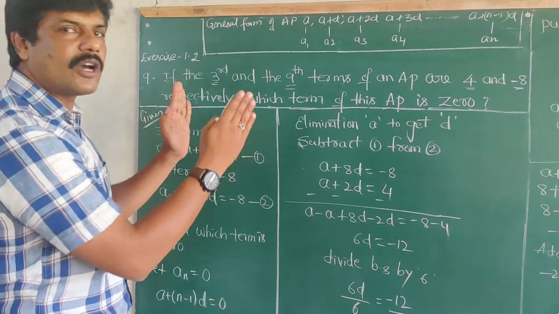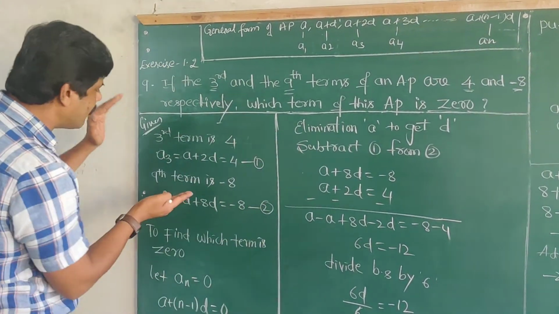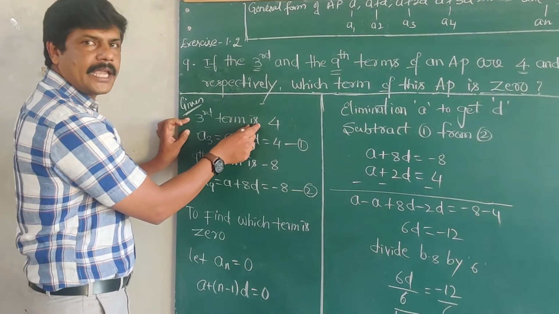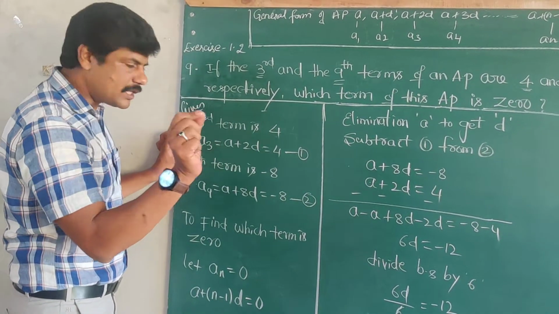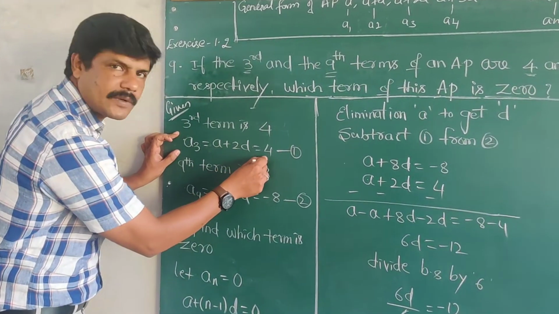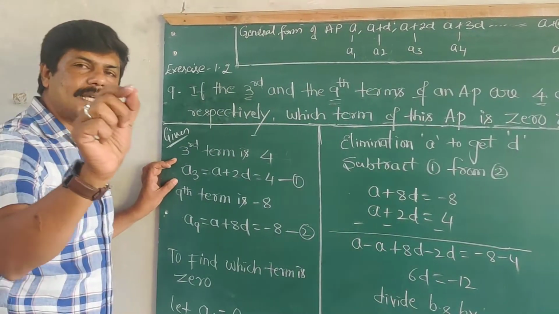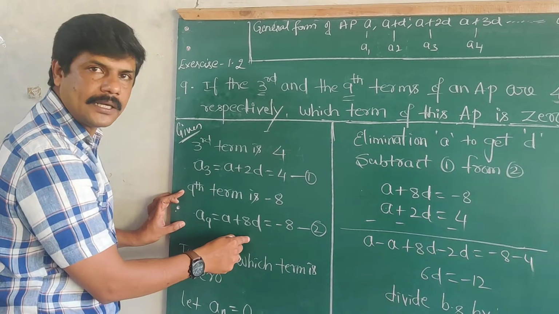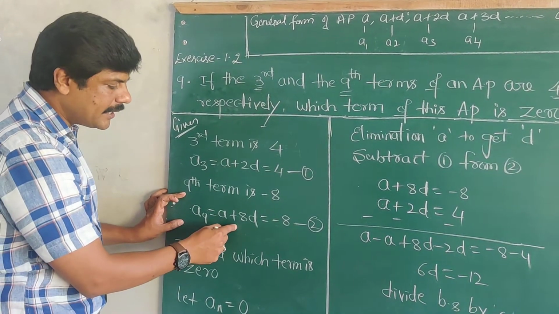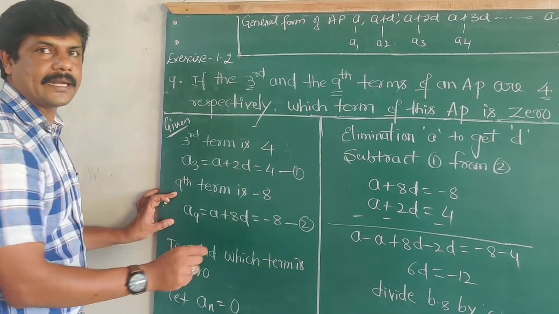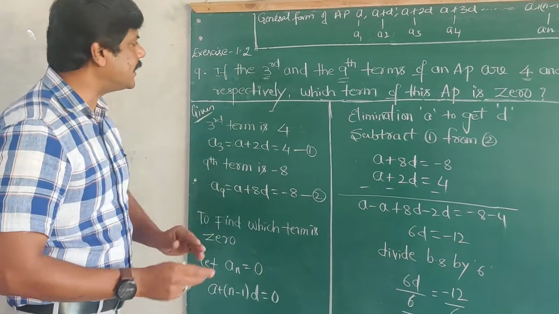Okay, so what is given verbally? Mathematically, I have written here the third term is 4, which actually means a plus 2d is equal to 4, and the 9th term is minus 8, the 9th term a plus 8d. A9 is equal to a plus 8d is equal to minus 8. Did you understand, children? Once again, see the data properly.